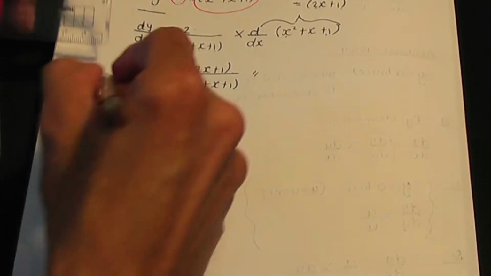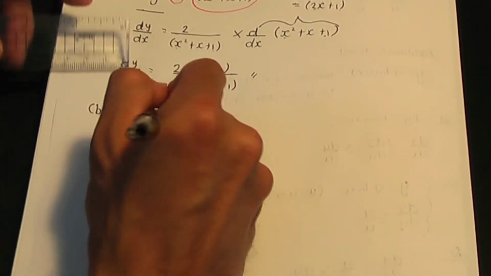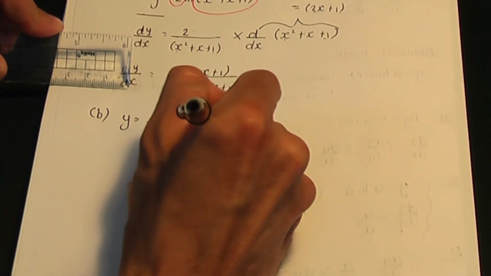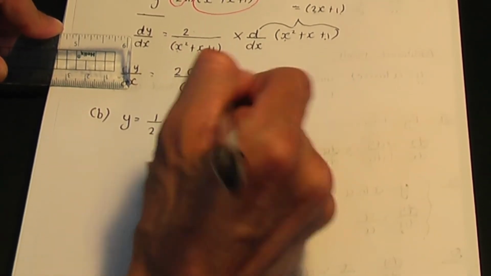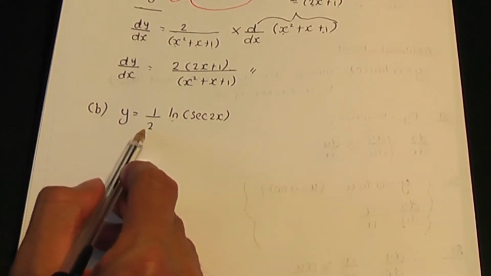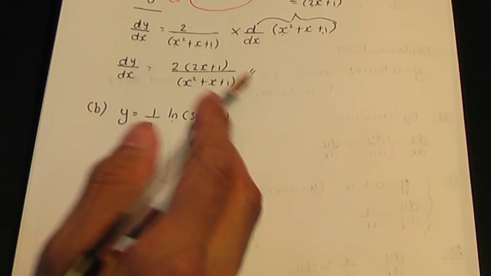Let's differentiate y is equal to 1 over 2 ln sec 2x. So ln sec 2x is one term.